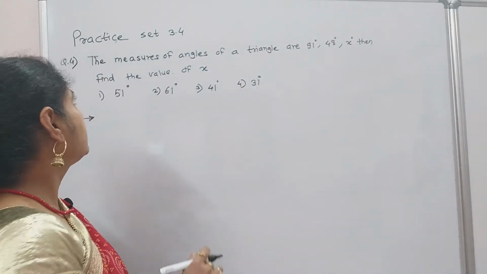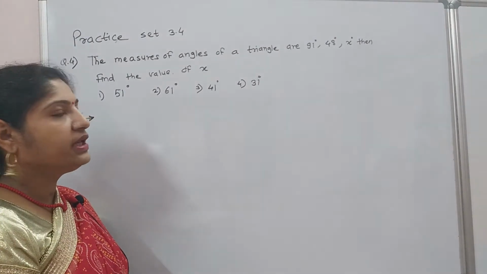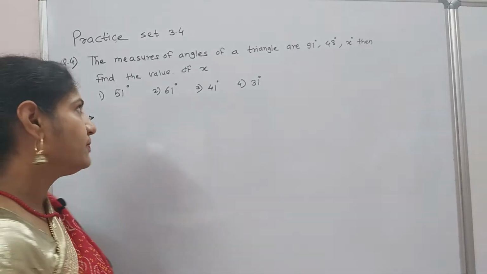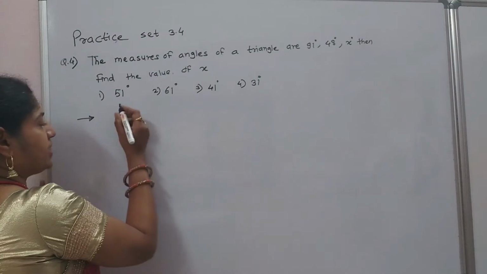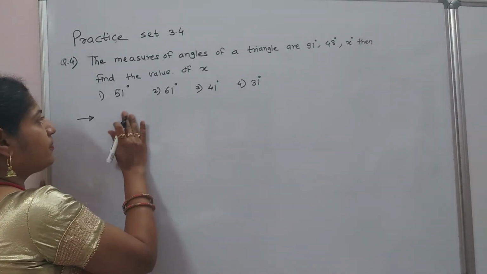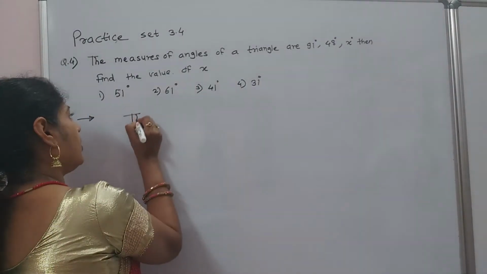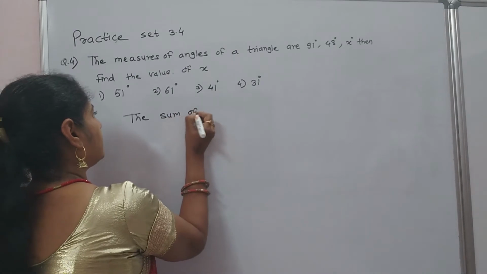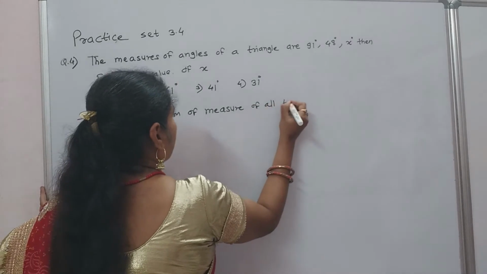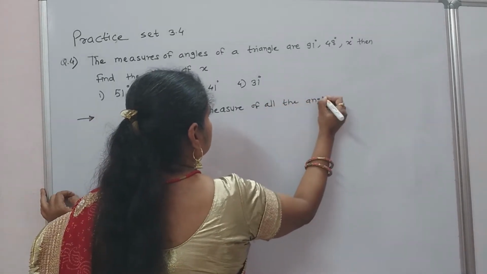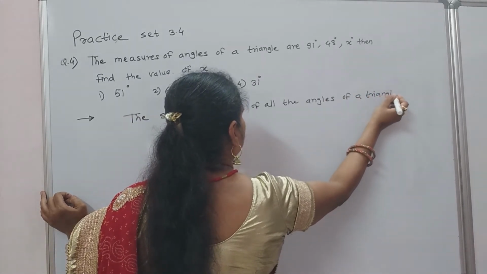Now the next question is, the measures of angles of a triangle are 91 degrees, 48 degrees and x degrees. Then find the value of x. These are the measures of the 3 angles of a triangle. You know that the sum of the measures of all the angles of a triangle is 180.